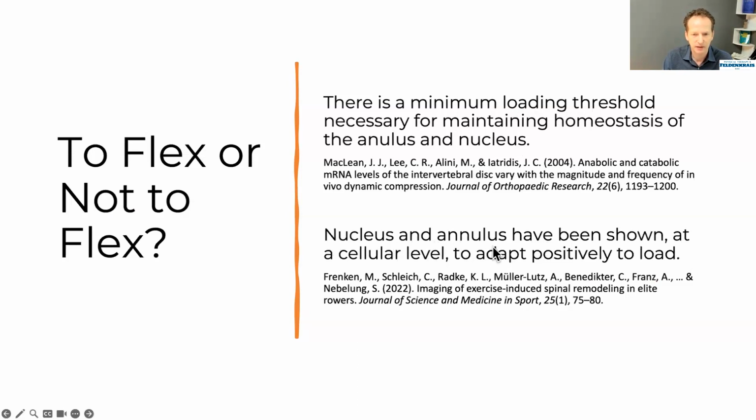Here is a study showing that discs feed through movements. They're like sponges. When you make movements of flexion, extension, you create circulation, and you improve circulation, not through blood, because the vascularization of the disc is only on the outside rings, and deep inside there are no blood vessels.